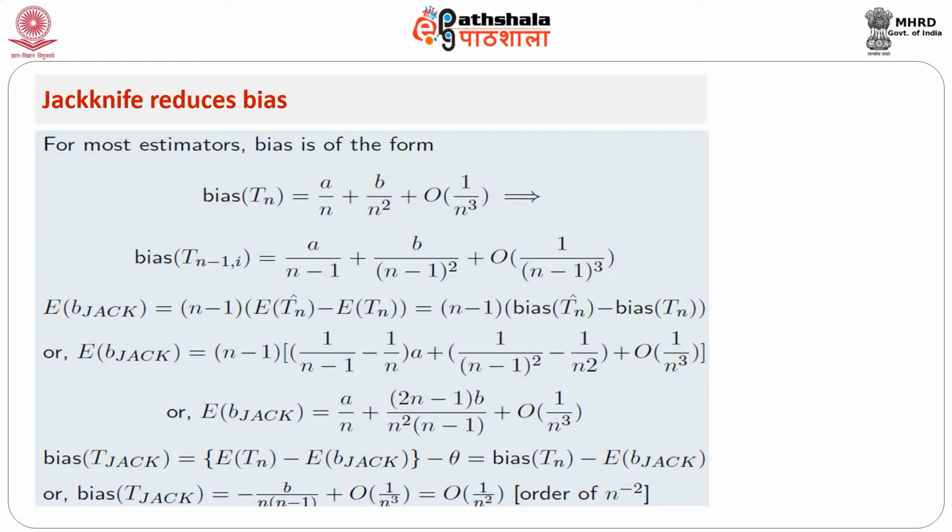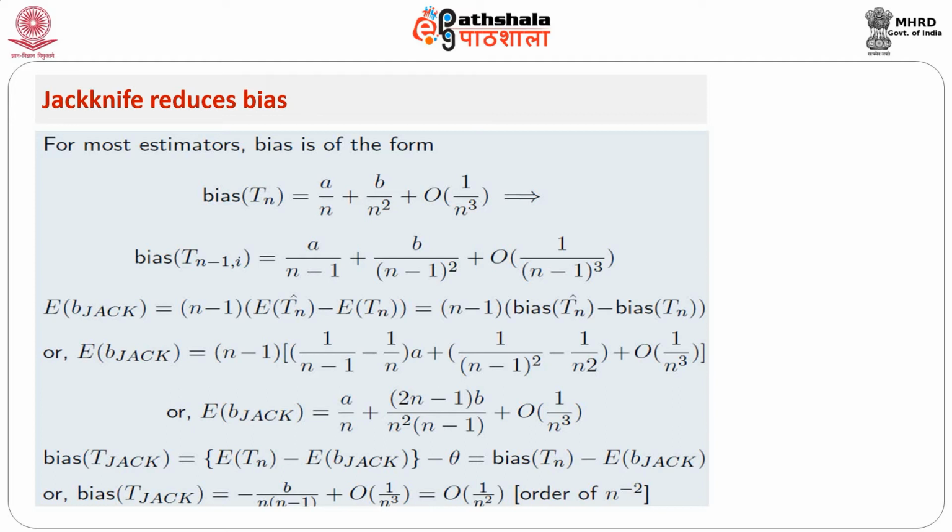Now, the proof is not given here, but it can be shown that if we assume the bias of the estimator Tn to be of the order 1 by n, then the bias of T jack is of order 1 by n square. The proof is given in the document accompanying this video. So, what does this signify?